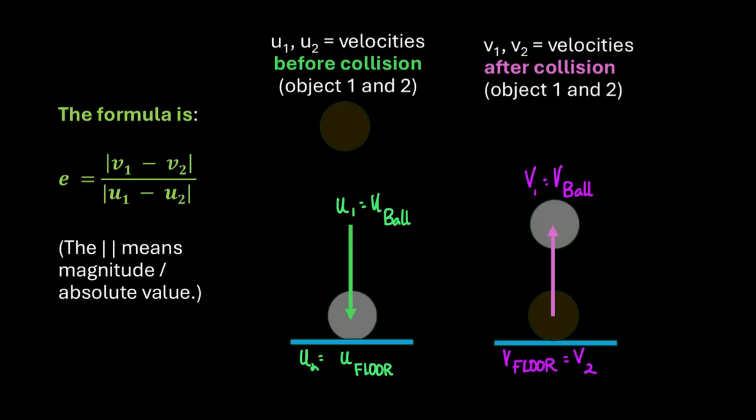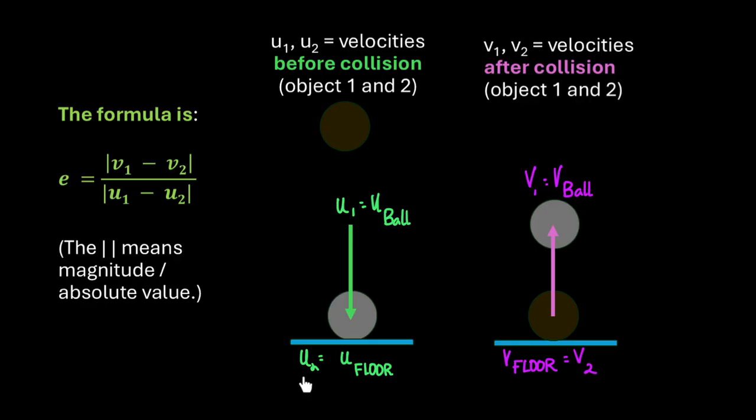Now, in the given question here, we have a ball which is being dropped from 10 meters. It comes to the floor and hits the floor. It goes back up. So the velocity with which the ball hits the floor is u1, which is the velocity of the ball just before hitting the floor.